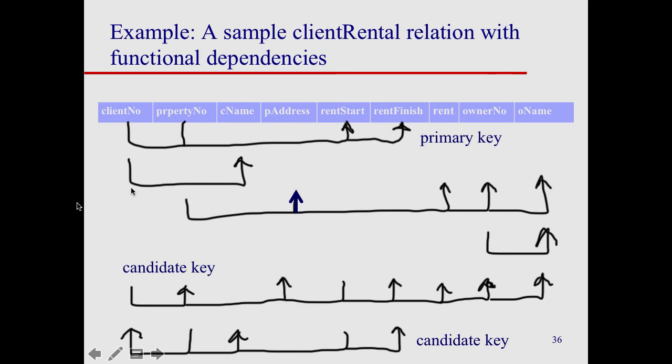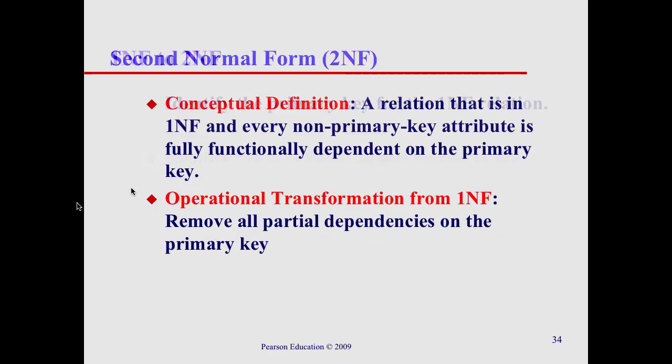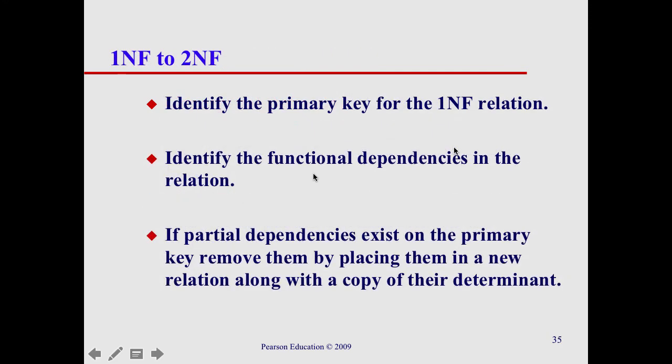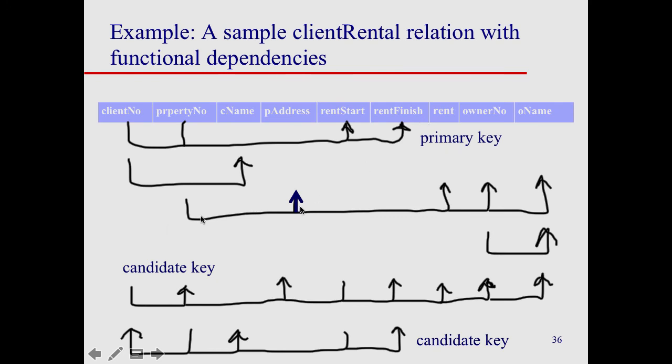Because remember when we said back here, a second normal form relation is one where it's in first normal form and every non-primary key attribute is fully functionally dependent on the primary key. Well, here, property address is not fully functionally dependent on the primary key.